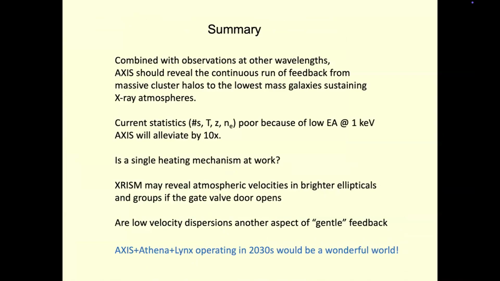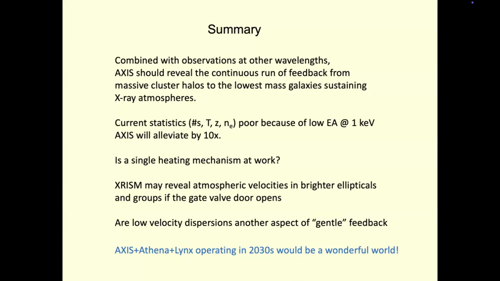I'll just summarize by saying multi-wavelength observations plus AXIS will, I think, be the key to determining whether it's a continuous run of feedback and how important feedback is across cosmic time for maintaining and shaping galaxies.